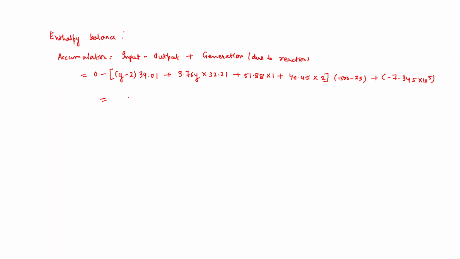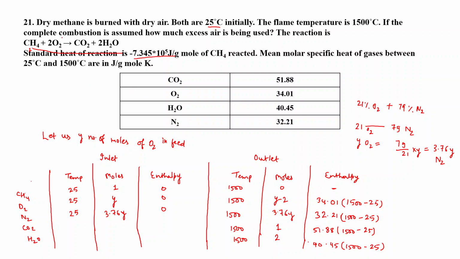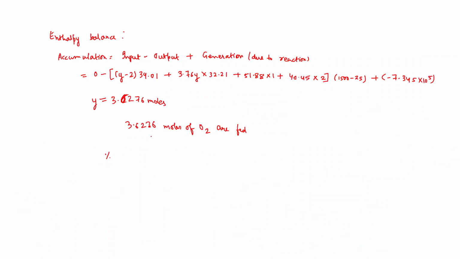After solving this equation, we get Y equal to 3.6276 moles of oxygen. So 3.6276 moles of oxygen are fed into the reactor. Now the percentage excess we can calculate. In the reaction, 2 moles of oxygen are used.